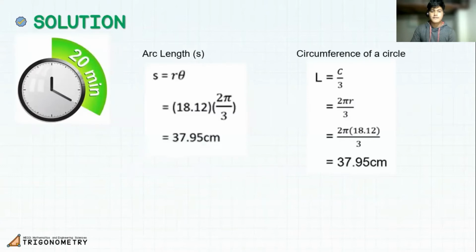First, for arc length, we have S equals radius times theta, which is in radians. We can get theta by just observing the figure here. Since 20 minutes only covers a third of a single revolution, we have 2 pi over 3.